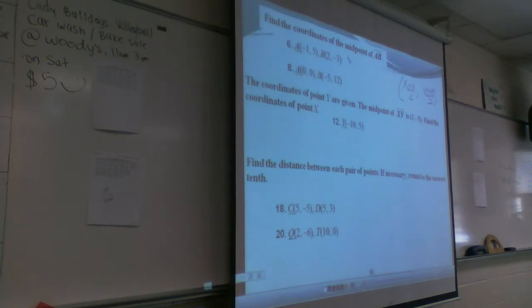If you do the work there, did anyone get an answer to that one? 1/2 and what? 1. Yeah. So if I were to plug those in, the 1/2 comes from doing -1 plus 2 divided by 2, because those are your two x coordinates.